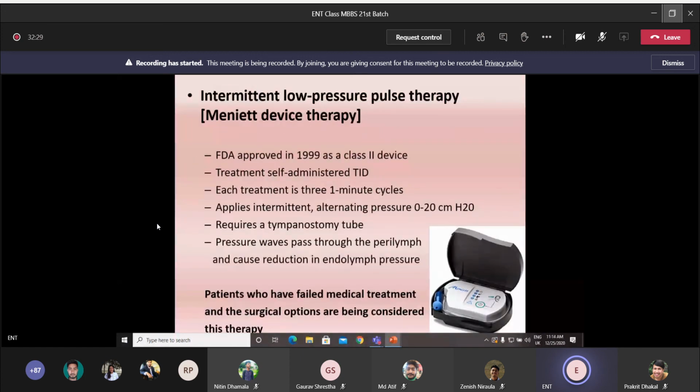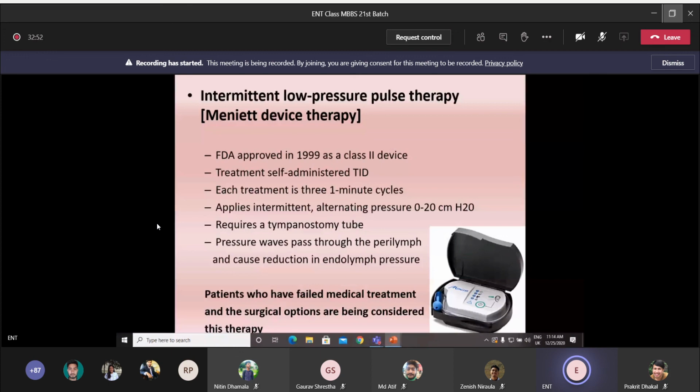And last of all, another treatment is intermittent low pressure pulse therapy, or Meniett device therapy. So you can see the device, and this has been approved by the FDA in 1999, and treatment can be self-administered. You don't need anybody.